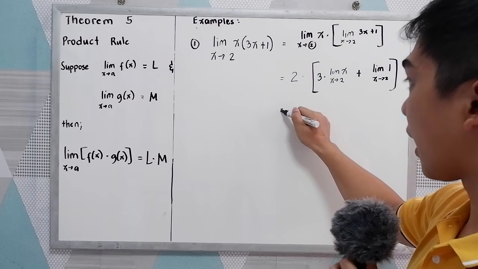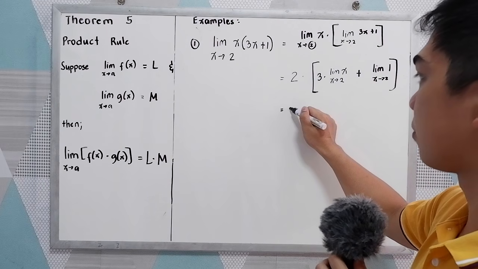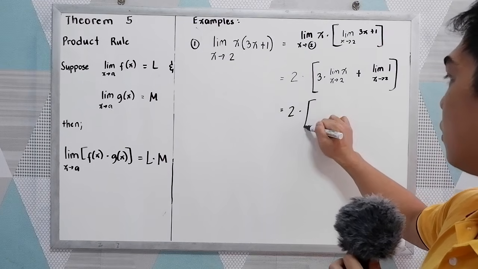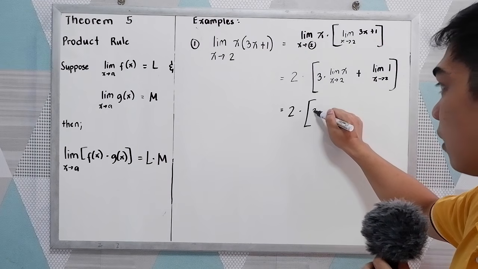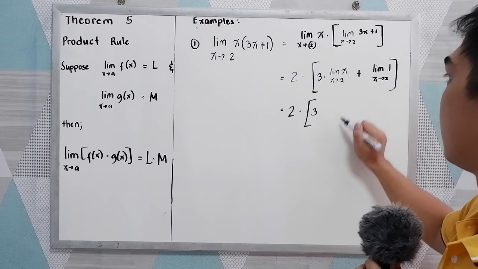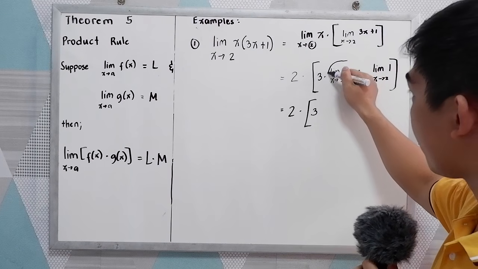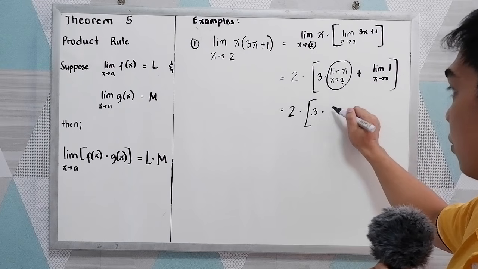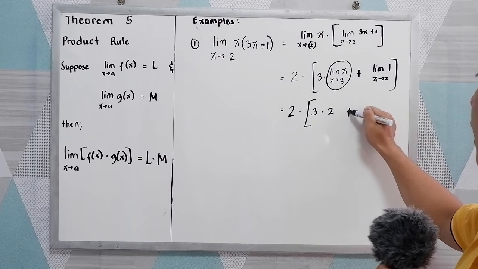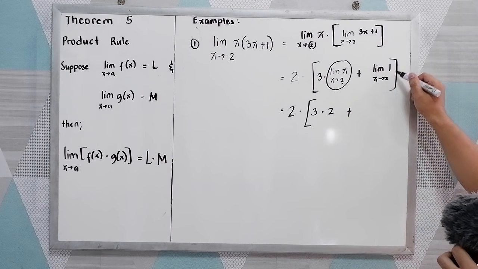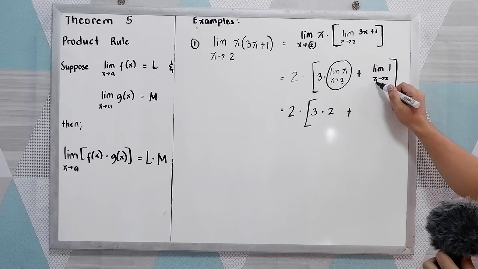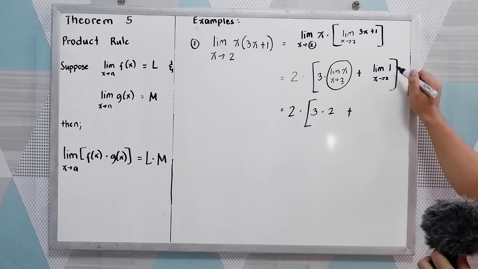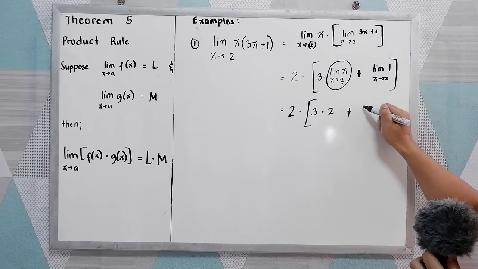We need to simplify using the previous theorems. So we have 3. Applying theorem number 2, our a is 2, plus here the limit of 1 as x approaches 2. So theorem number 1, that is equal to the constant 1.